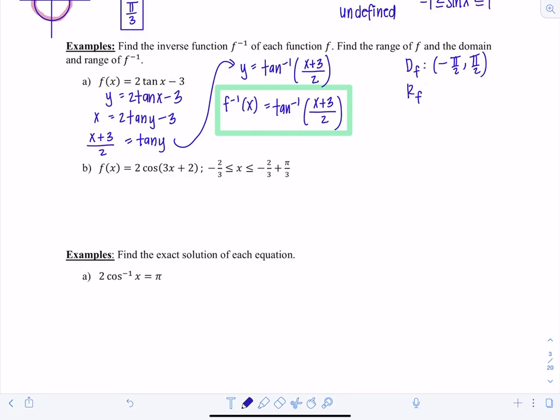And the range of f, the range of tan inverse, is from negative infinity to infinity. So what does that mean? Well, the domain of f inverse is going to be the range of f. So the domain is going to be negative infinity to infinity. But the range of f inverse is going to be the domain of my original function f, which is from negative pi over 2 to pi over 2.